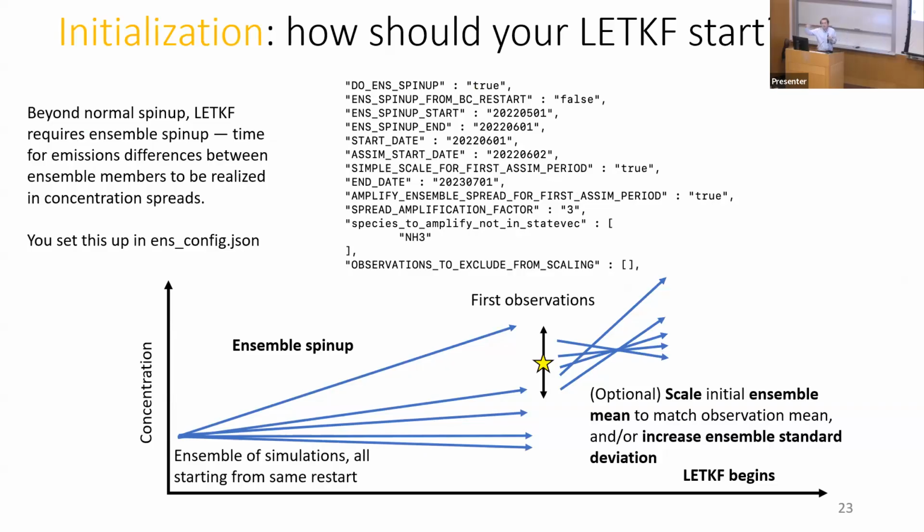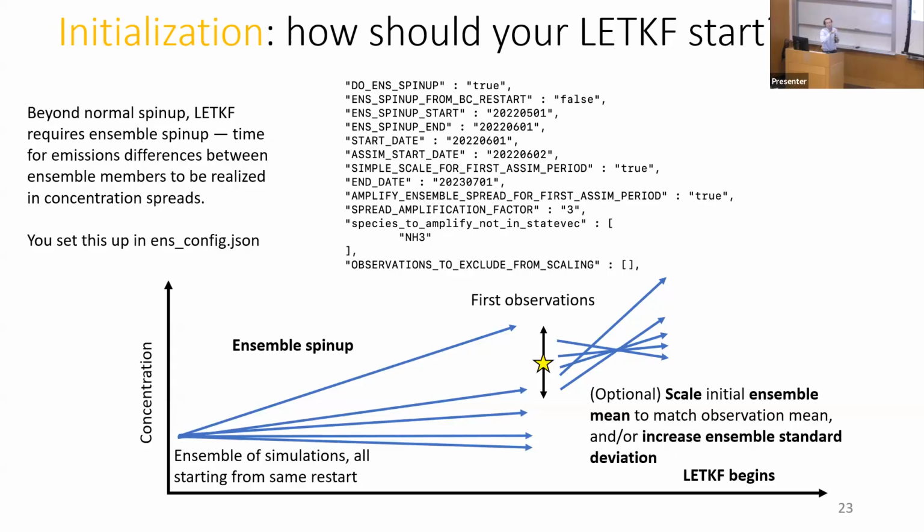You have spun it up the way you would for any other GeoSChem run. But you need to have a spread across all your ensemble members because the spread is what defines your covariance matrix. That spread across your simulated atmospheres is representing your uncertainty. So you need to run GeoSChem for long enough that the different emissions fields in the different simulations, all these different ensemble members, have time to propagate to concentrations.